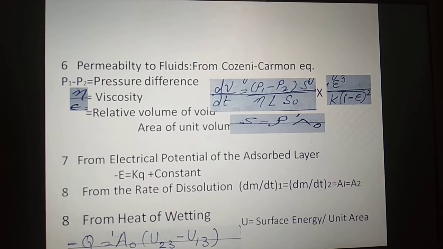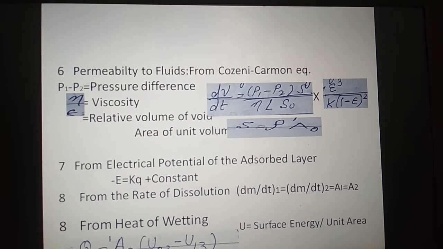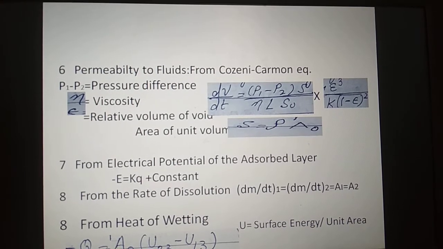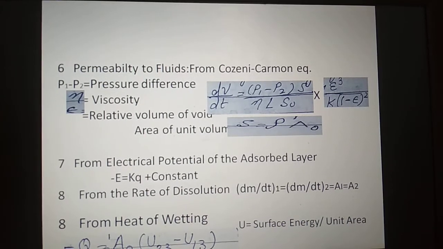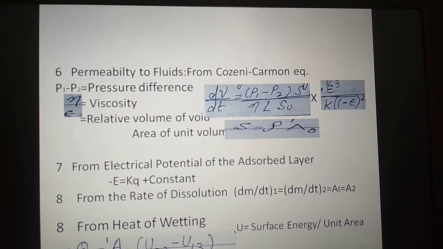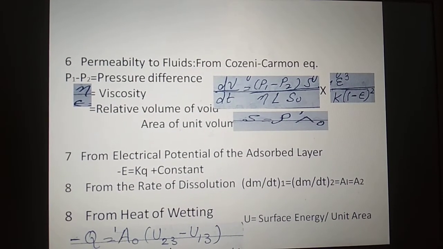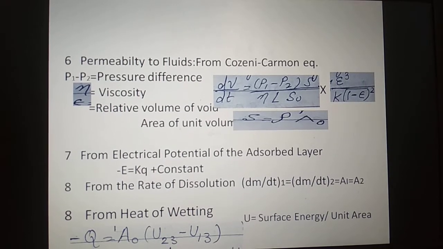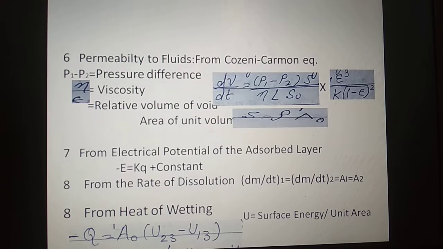If a small amount of current is made to flow through the system, a potential rise occurs, and a plot of potential versus time during the interval immediately after the start of current flow was linear and given by this equation: minus E is equal to KQ plus constant.